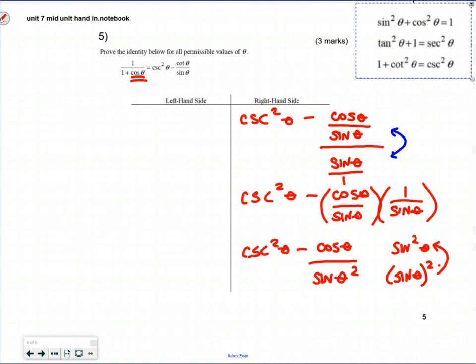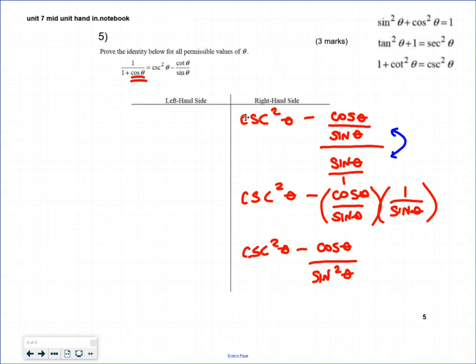Those two versions are correct. This sine theta squared is incorrect. So watch out for that. So I'm going to change that to one of these two. I'll pick this one since it's more common. Sine squared of theta. So watch out for that, folks. So you might notice if you got 2.5 out of 3, that might have been your only error.